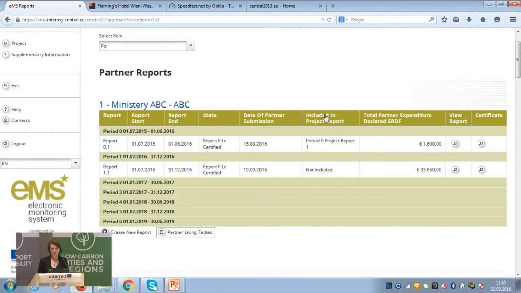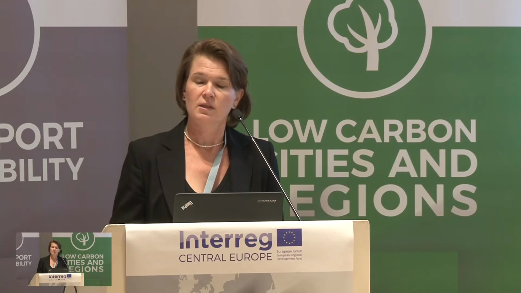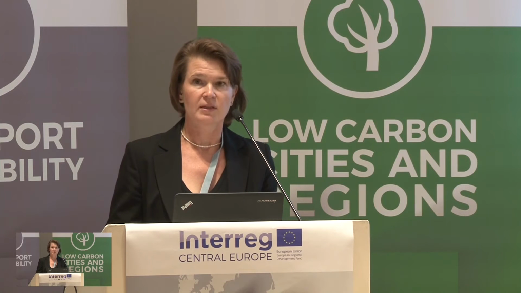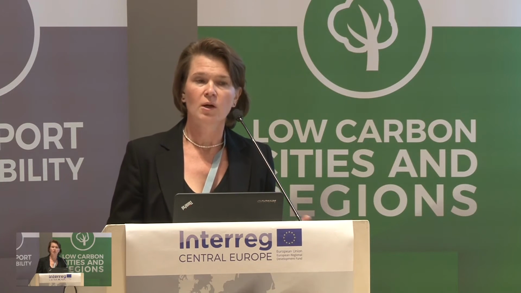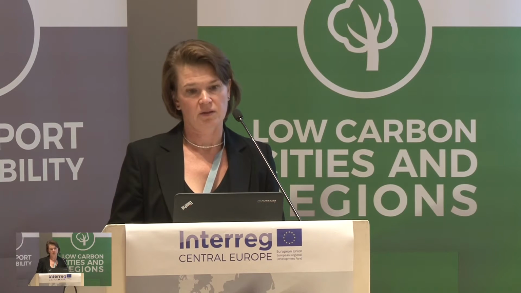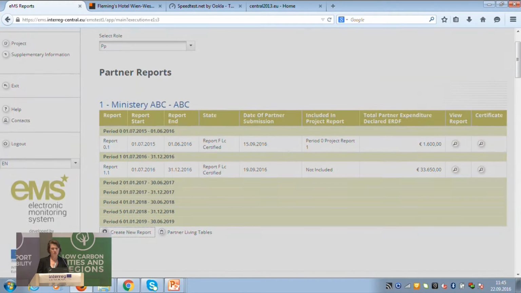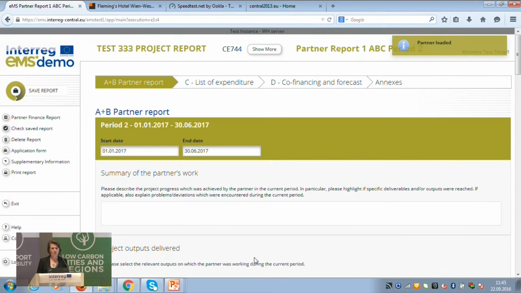One has been included in a project report. The second one is not included in a project report yet. So you have, as a lead partner, quite a good overview of where your reports are at the moment. If you want to create a new report, you click here, create a new report, and the reporting section opens.